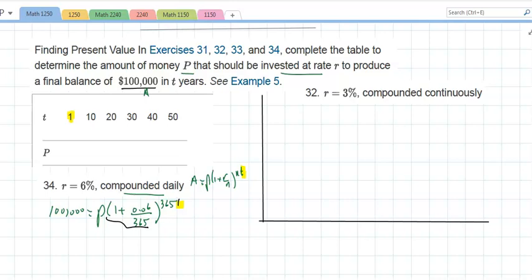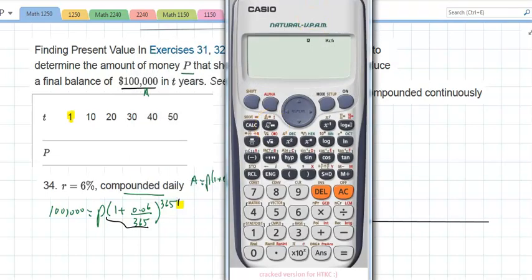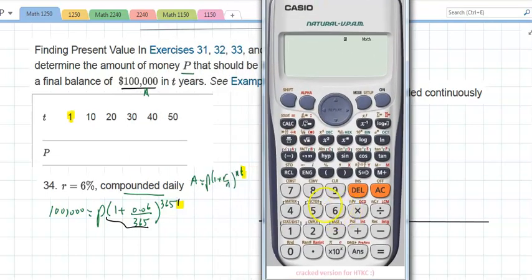So if I get my calculator out and I take 1 plus 0.06 divided by 365 raised to the 365 equal, now that's stored in my answer.